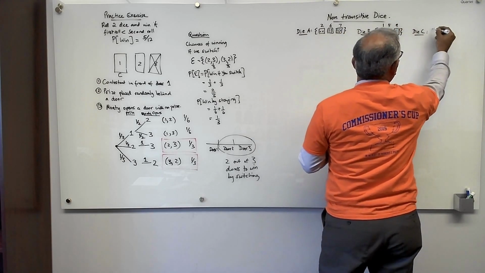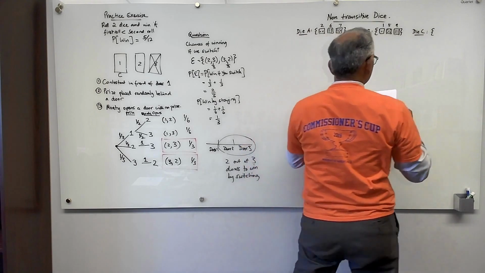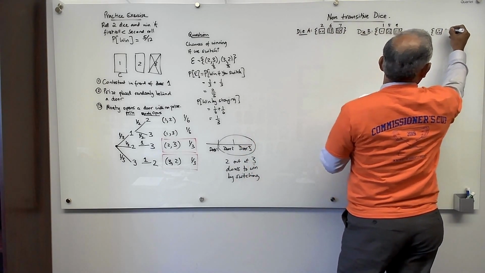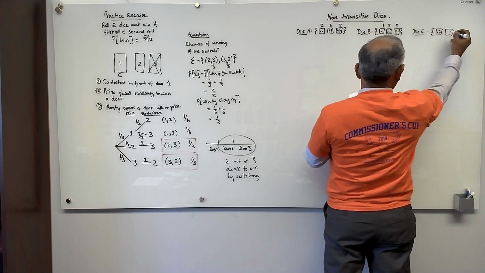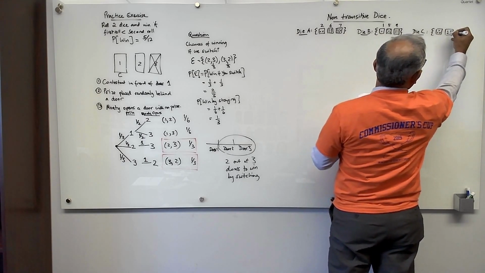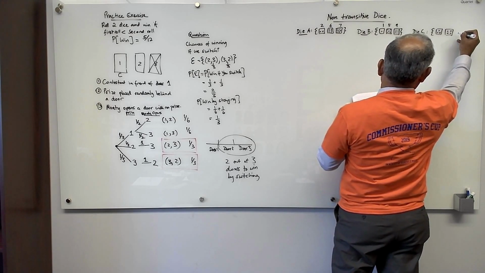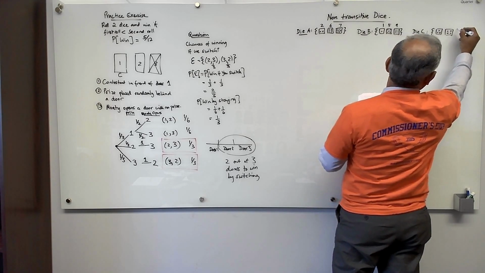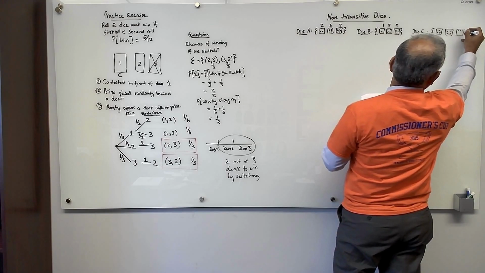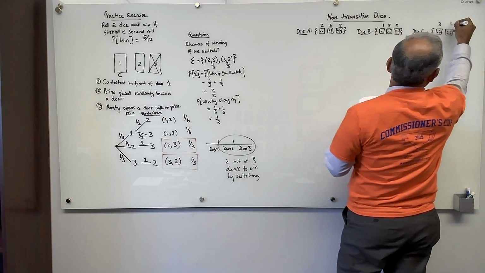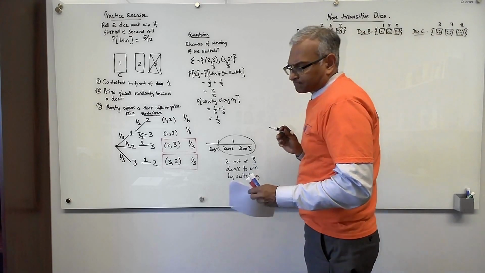And die C also has 3 die faces, and the faces are 3, 4, and 8.